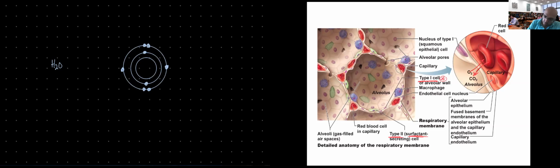So remember when we discussed the covalent bonds, the hydrogen has 1 proton and 1 electron. So it still needs 1 electron to become chemically stable.